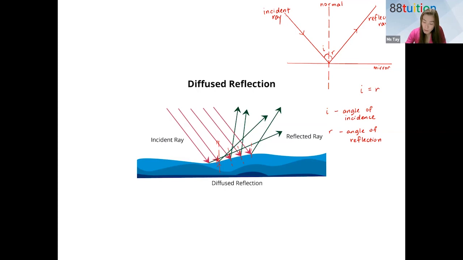The incident ray and the normal form this angle of incidence. Then the normal and the reflected ray form this angle of reflection. And they are always the same. Angle of incidence is equal to angle of reflection.